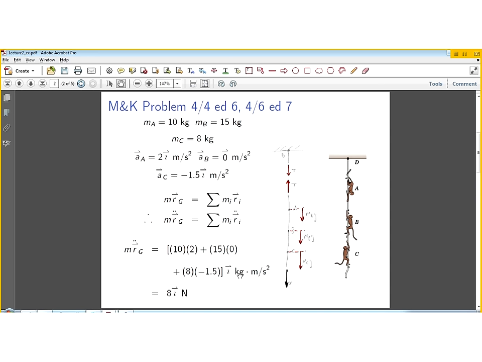And I write Newton here simply because kilogram times meter per second squared is Newton, but you should really not think of this as a force. This 8I is actually not a force. It's really a summed mass times acceleration. Its units turn out to be a force, but it's not a force.